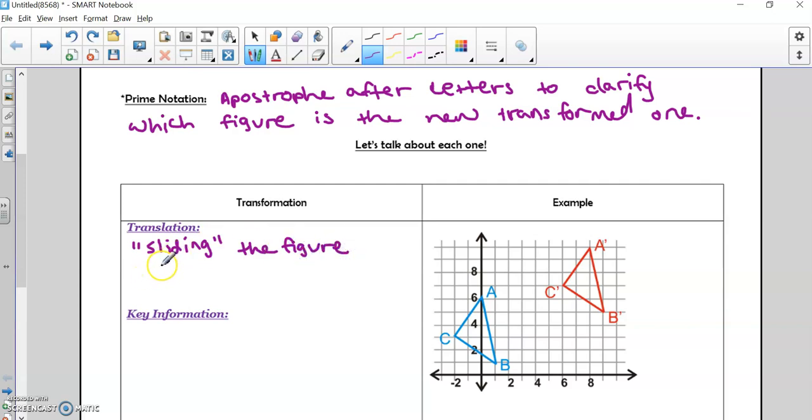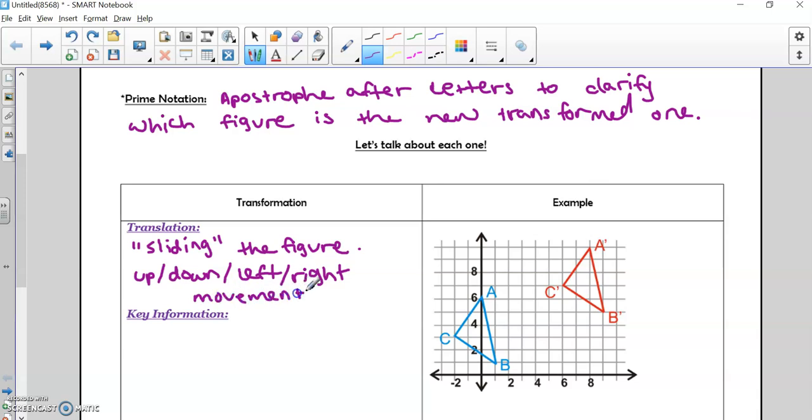And the thing to know about this is that it will never turn it in any way. It'll just move up, down, left, right. Those are the only ways it can move.